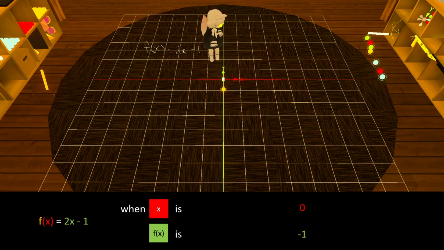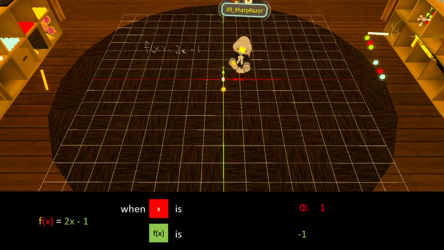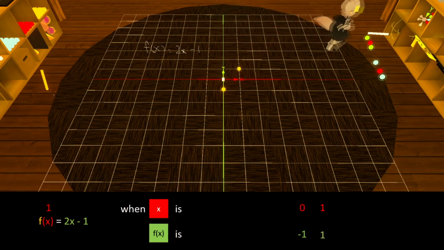One thing I forgot to mention is, by convention, up is positive, down is negative. For x, right is positive and left is negative. So yeah, that's a convention. Moving on. When x is 1, plug that into the function, then we know y is positive 3.